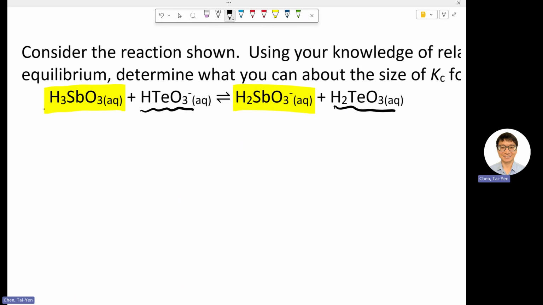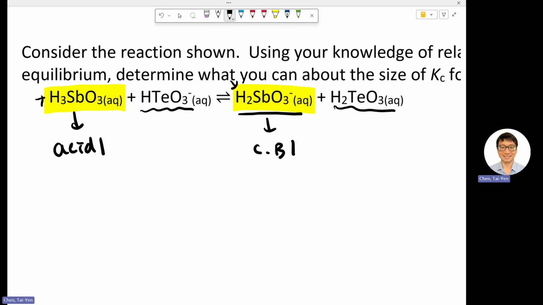If you look at the highlighted one first, which one is the acid? H3SbO3 is the acid, right? So this is acid 1, and this is the conjugate base 1. How about the other pair?